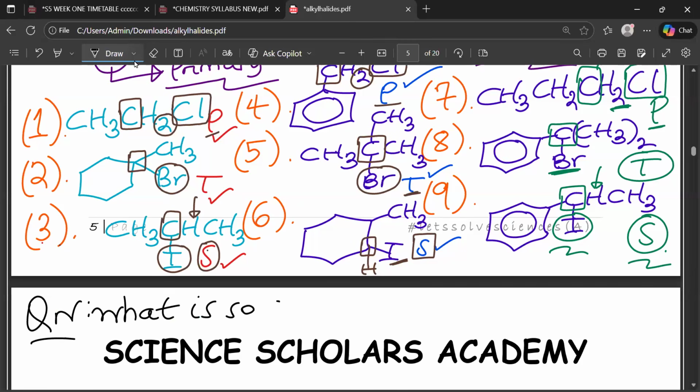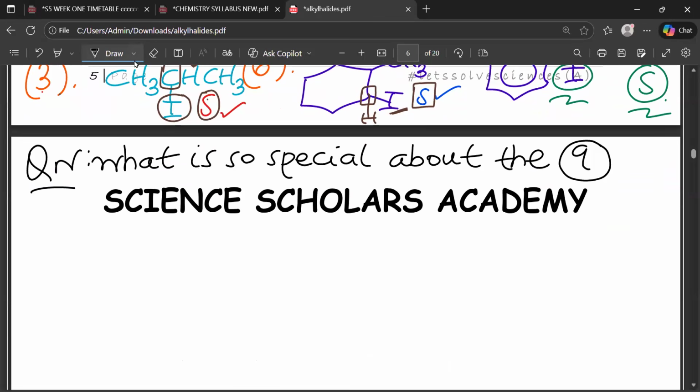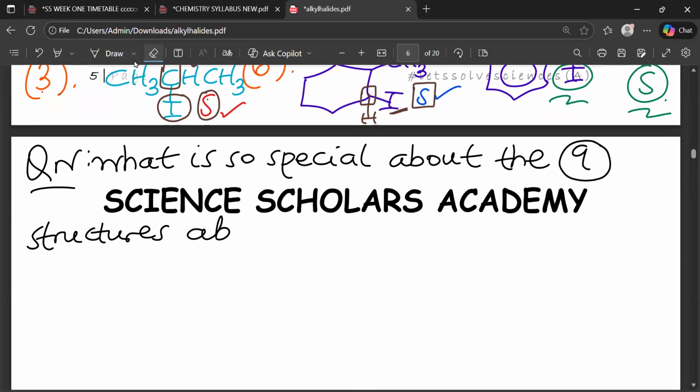What is so special about the 9 structures above?